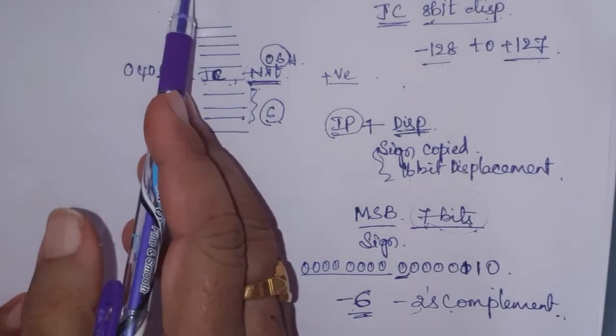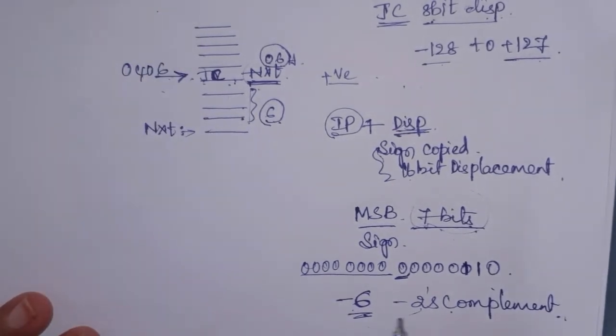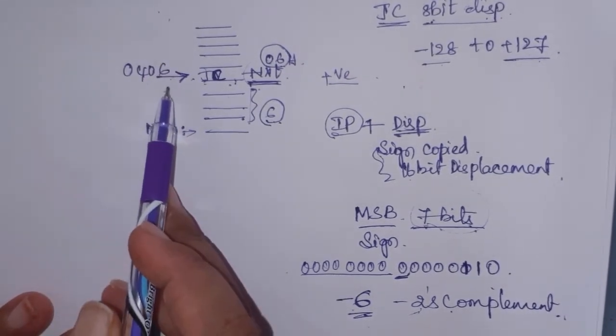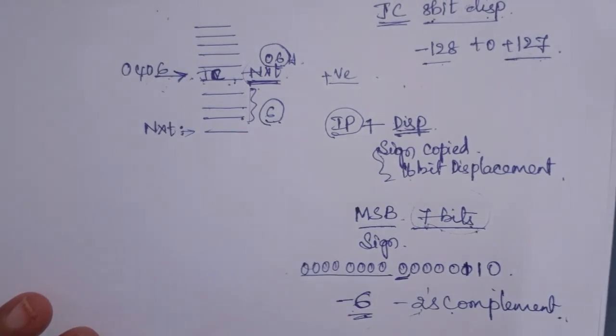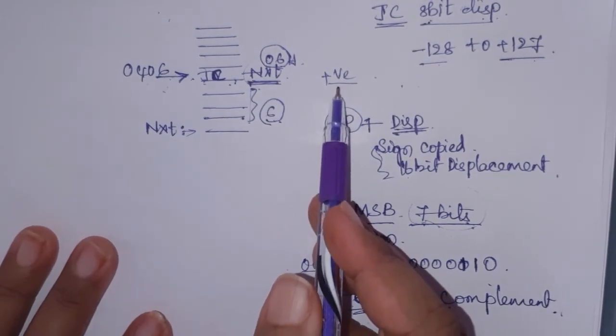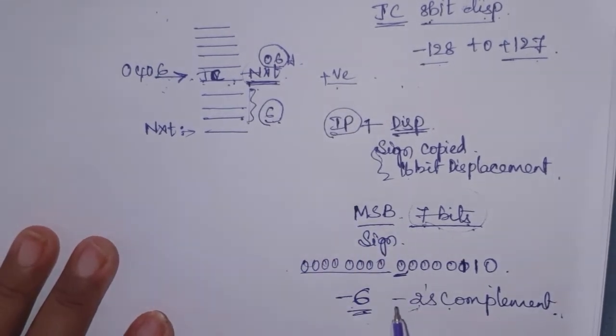This is added to the instruction pointer contents, and automatically the generated address will be a backward address from this one. So this is about the conditional jump: how you specify the displacement and how it is calculated.